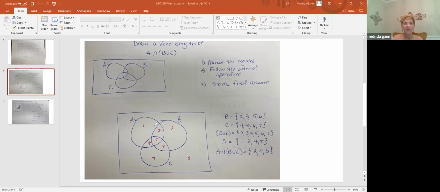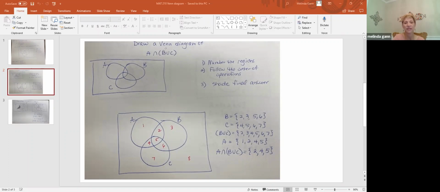But when you draw this, there are 8 particular pieces. Do you see that number 3 is just what's in B and nothing else? And 8 is what's outside all the circles. And 5 is where they overlap. So I just numbered each of the 8 regions. That's my scratch work. And then follow your order of operations and then shade your answer. So what do I mean?